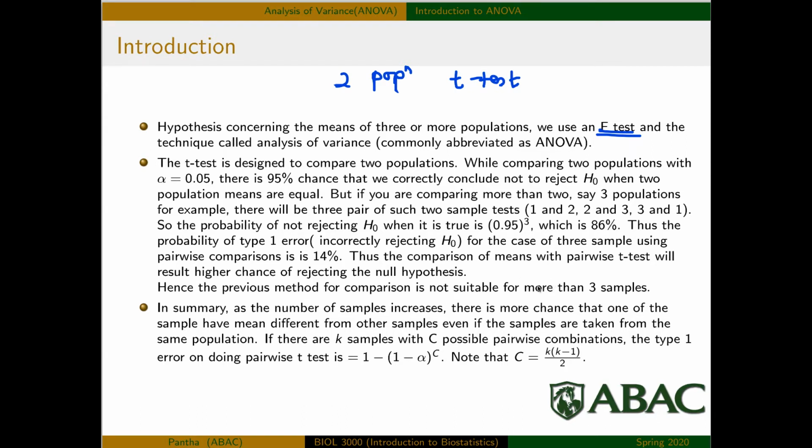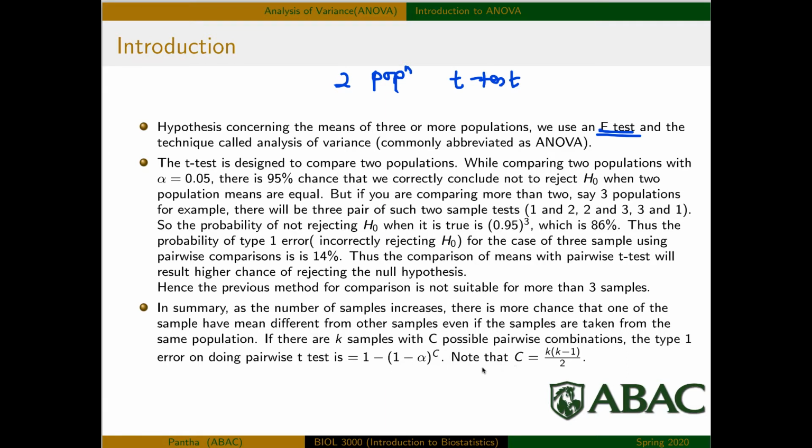In summary, as the number of samples increases, there is more chance that one of the samples has a mean different from the other samples, even if the samples are taken from the same population. If there are k samples with c possible pairwise combinations, the type 1 error on doing pairwise t-tests is 1 minus (1 minus alpha) to the c.